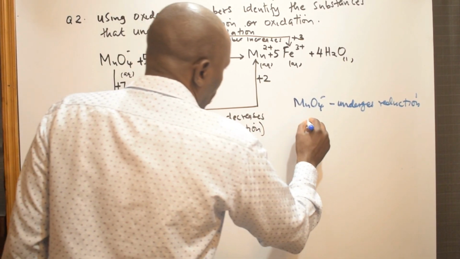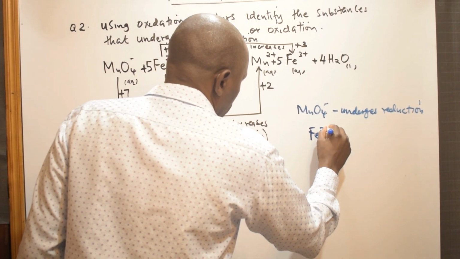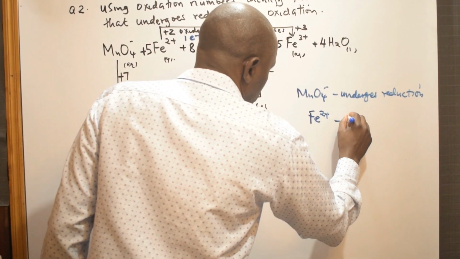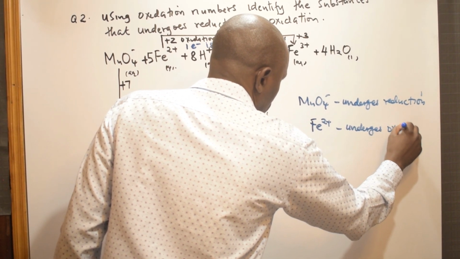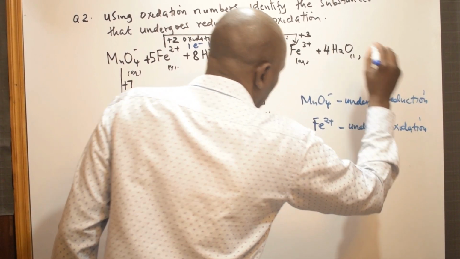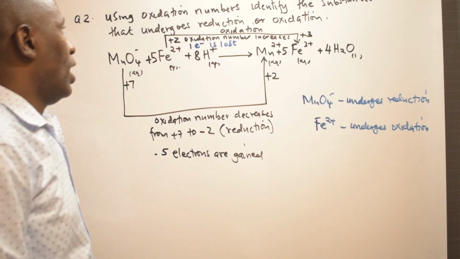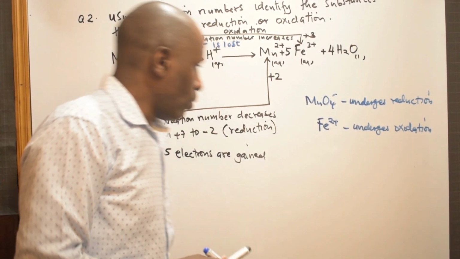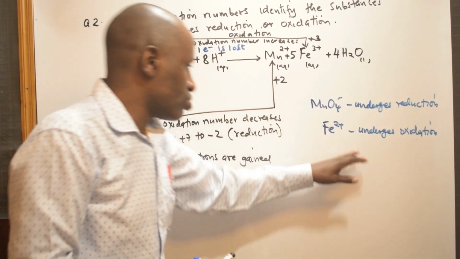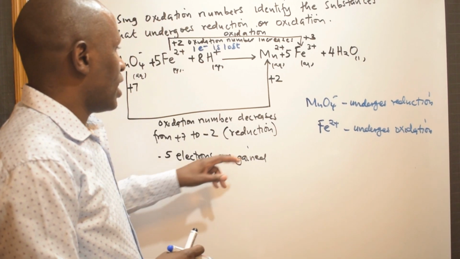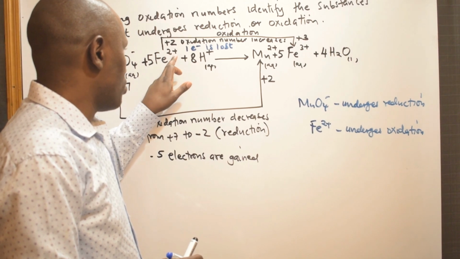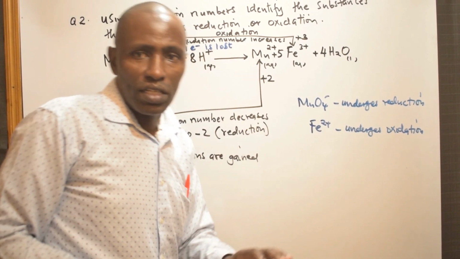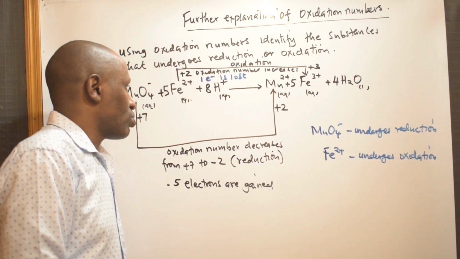Now, what about iron(II)? This one undergoes oxidation. If I was to explain, we can tell indeed that the oxidation number of iron is increasing from positive 2 to positive 3. So basically that's what we are talking about.